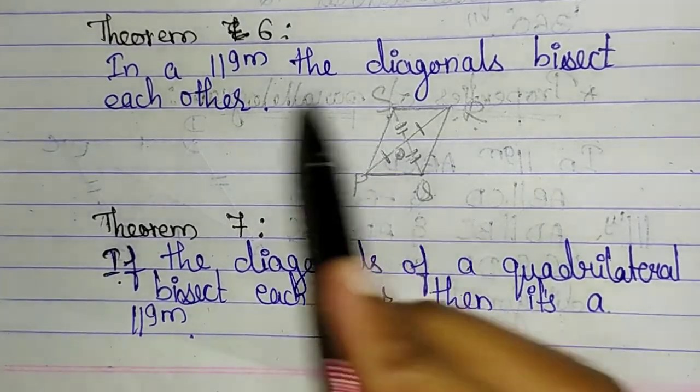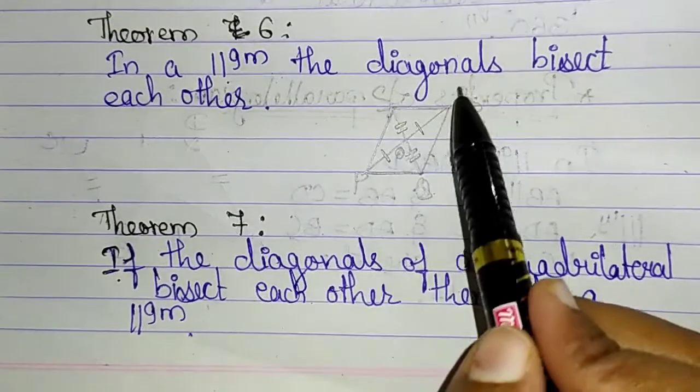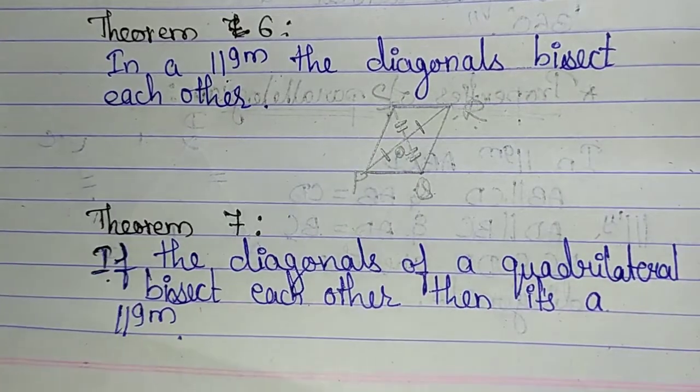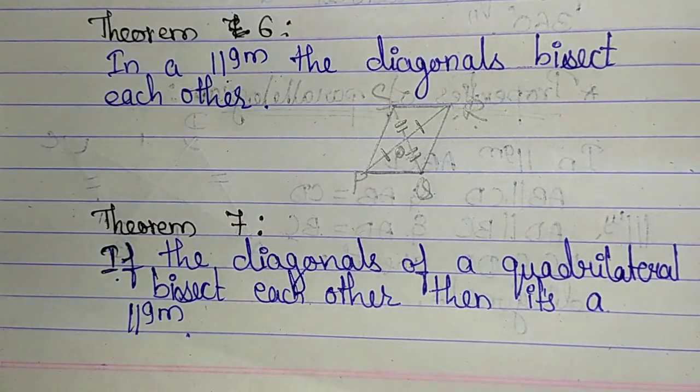So we know that parallelogram diagonals bisect each other, and if in any quadrilateral the diagonals are bisecting each other, then it automatically becomes a parallelogram. So these are the seven first major theorems which describe the properties of a parallelogram, and also provide the conditions based upon which we can determine whether any given quadrilateral is a parallelogram or not.